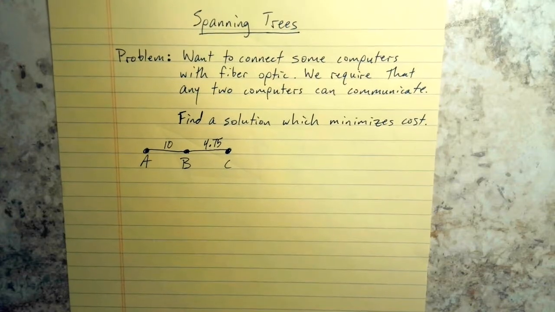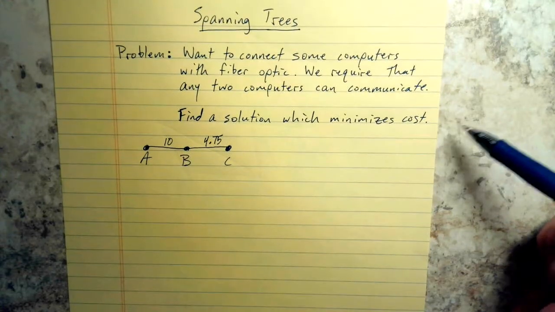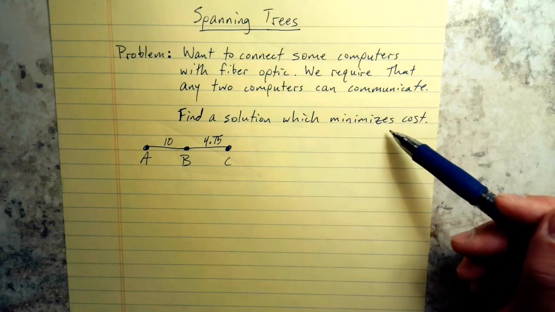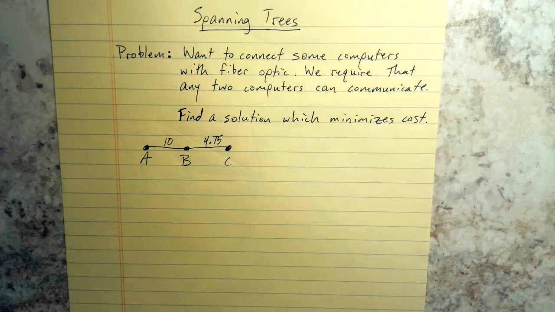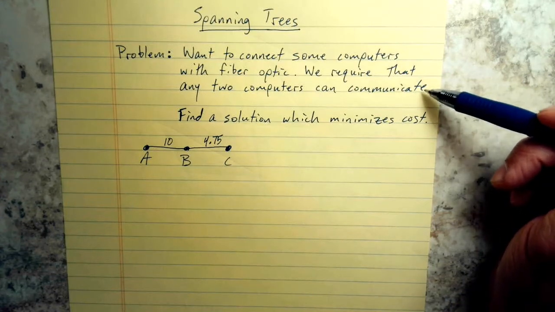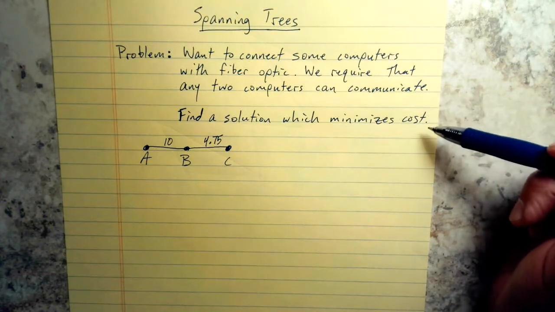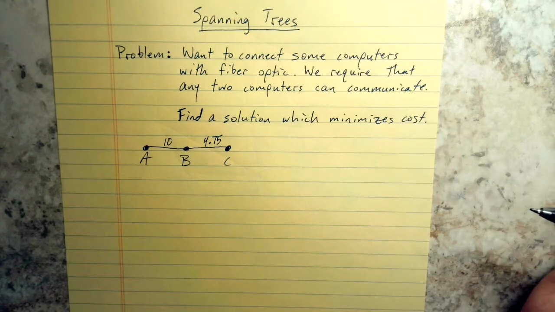Okay, so imagine in such a network you want to solve this problem, and minimization is key. So we can easily connect all the computers, but we want to do so in such a manner that we minimize the cost. So we have the cheapest connections where any two computers can communicate, and it's minimum cost.